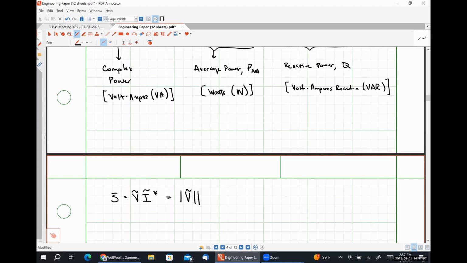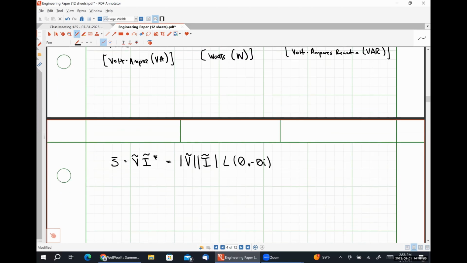The magnitude of the voltage of theta V minus theta I. Okay.